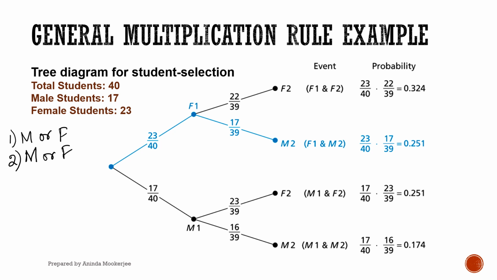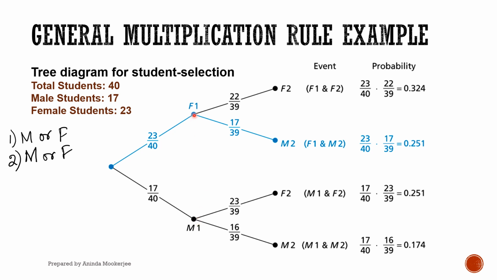Now, what are all possible combinations that can happen from these picks? In the first draw, I can either get a female or a male, an equally likely event, in other words. So when I draw a name the first time, it could either be a female student's name or a male student's name.